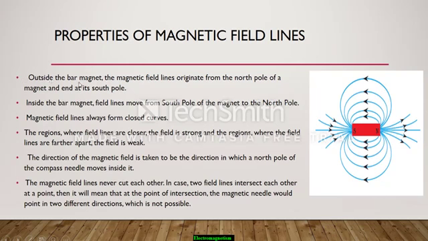So what do we observe from this experiment about the magnetic field lines? Outside the bar magnet, the magnetic field lines originate from the north pole. We can see that it is coming from this north pole and ending at the south pole. Inside the bar magnet, the lines move from the south pole of the magnet towards the north pole. How can we observe this?